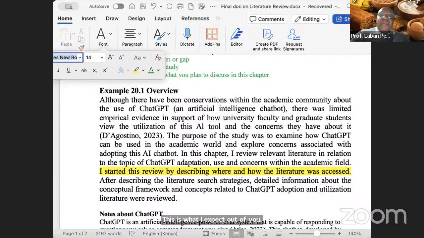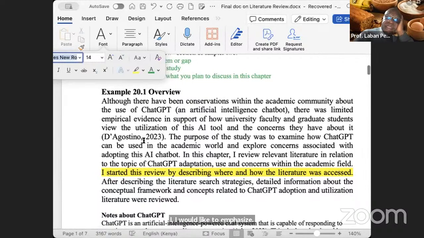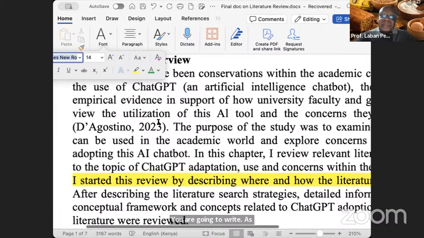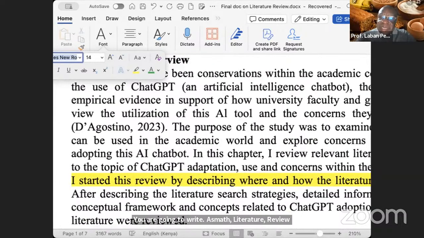I would like to emphasize that there is no way you are going to write a smart literature review chapter if you don't internalize what I have just said.